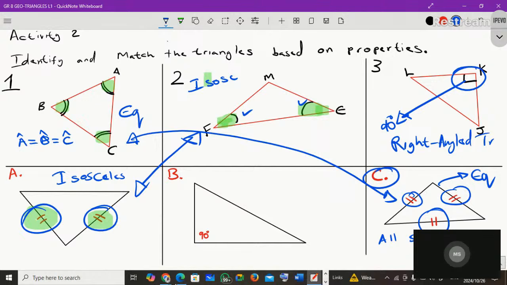This is a symbol representing 90. But here they have given us a literal 90, not a symbol representing 90. So this triangle is a right angle, and this triangle is also a right angle without any shadow of doubt. So it's a right-angled triangle also, this one. So in other words, this will match with this one.